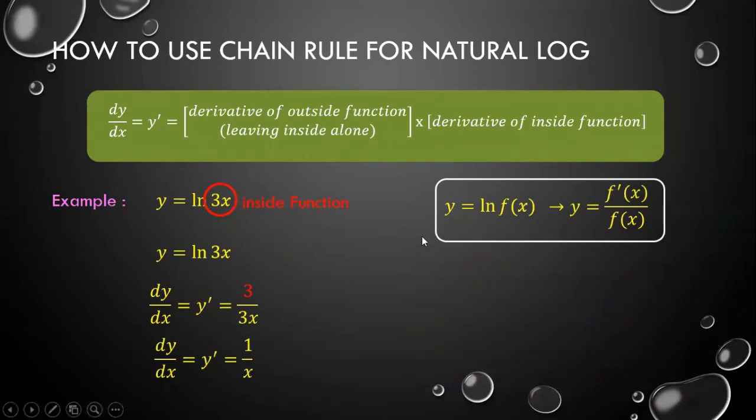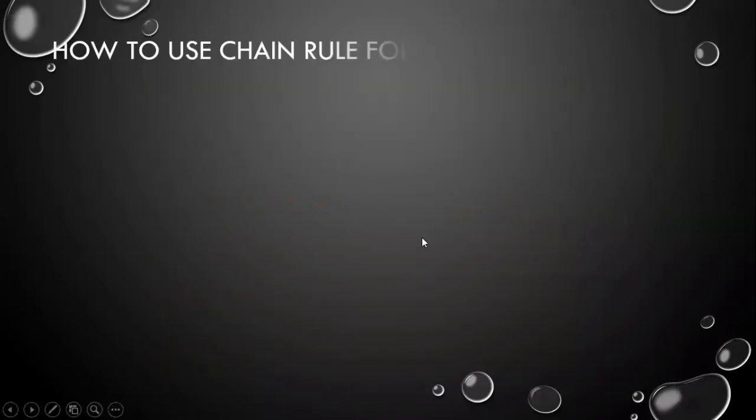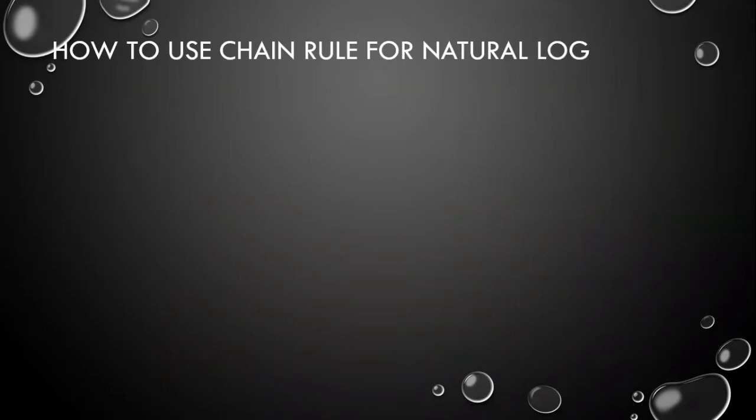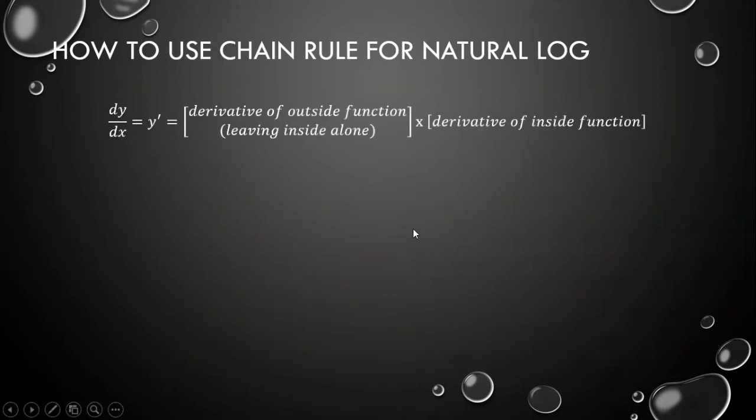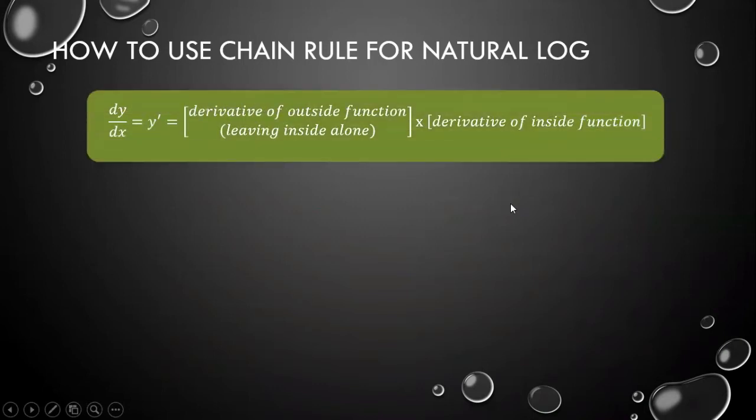Next, how do you use chain rule for natural log? I want to give you another example. Remember, dy over dx or y prime equals the derivative of the outside function times the derivative of the inside function. Okay, now we go to the next example. y equals ln of the square root of 7x minus 1.